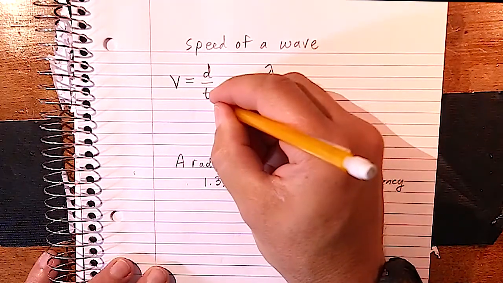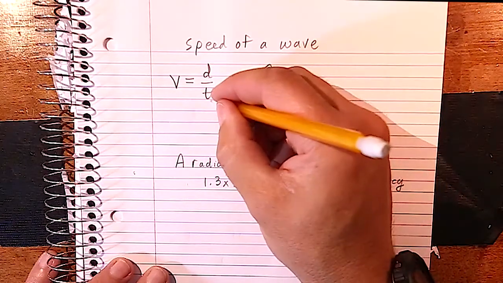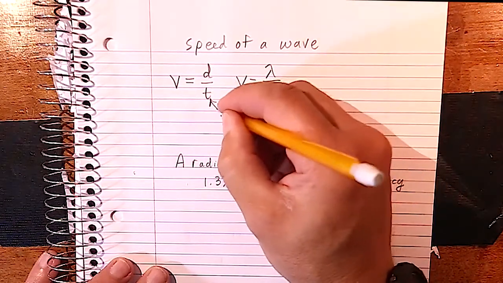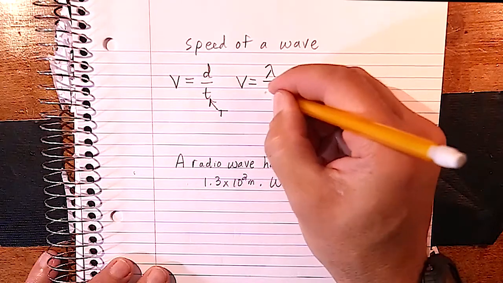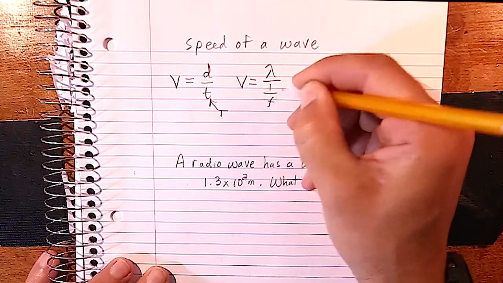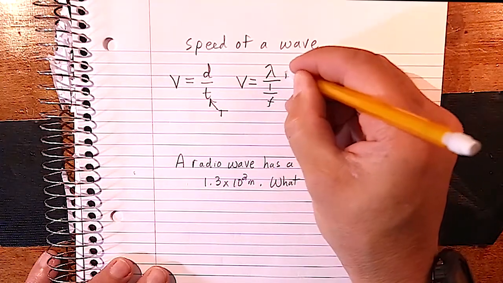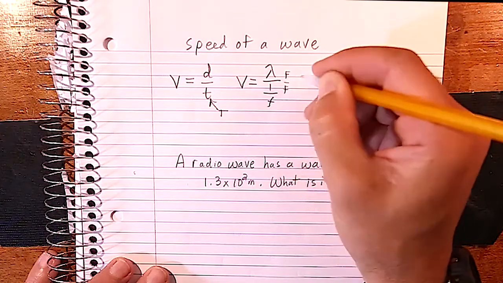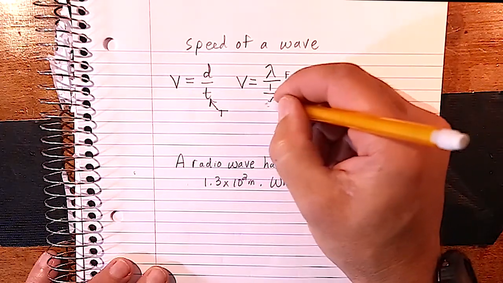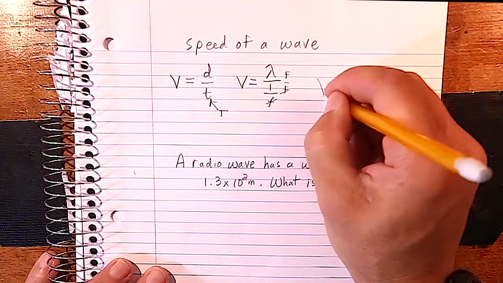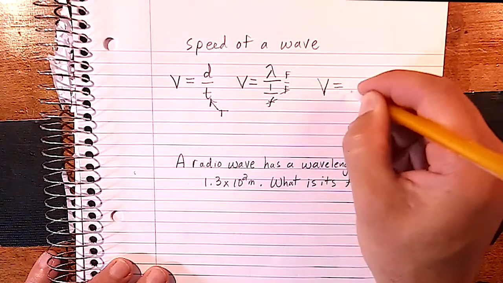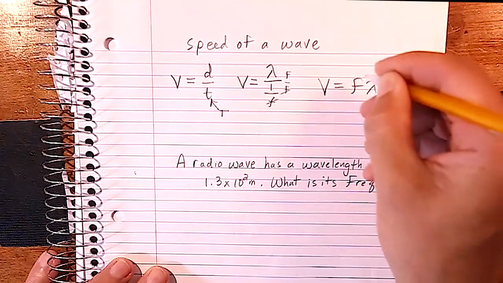And the time for one cycle becomes the period. We know that period is T, so we can replace that with 1 over f. If we multiply through by f over f, that's going to cancel these f's, and we're left with a new formula that is v equals f times lambda.